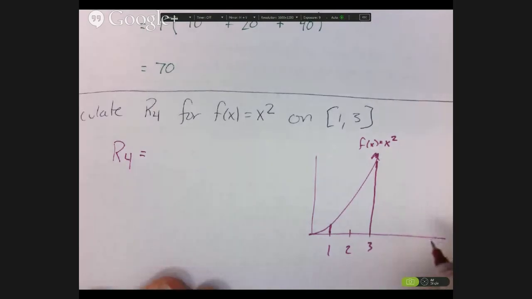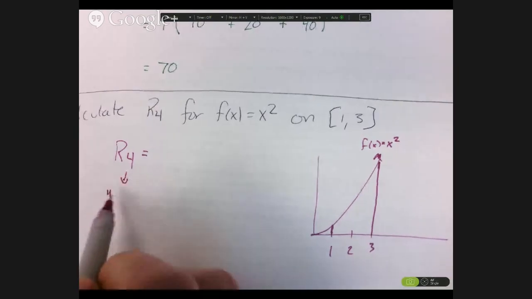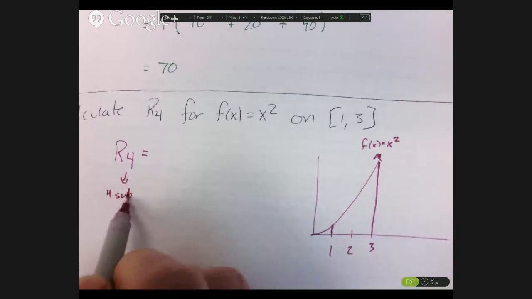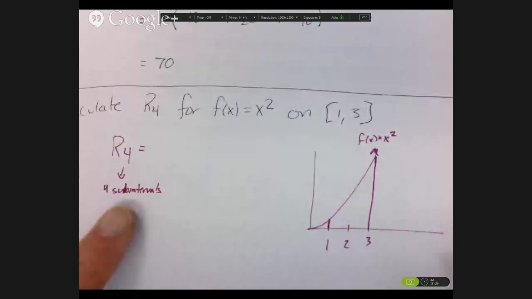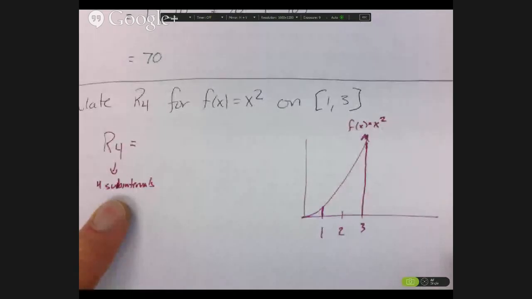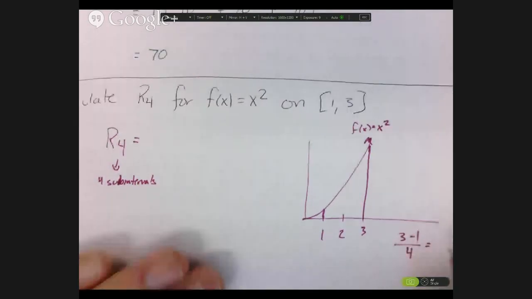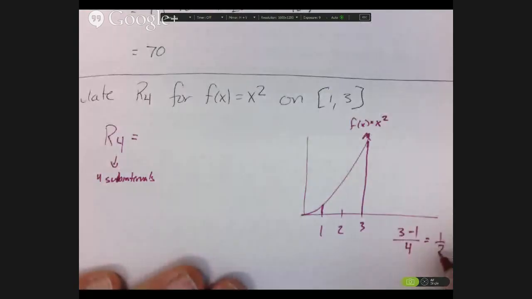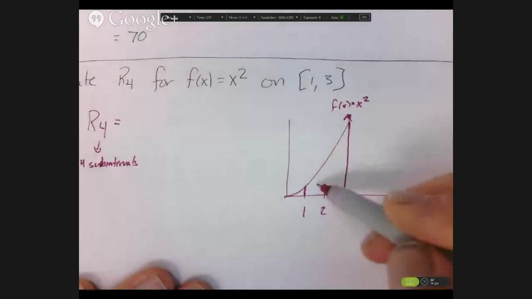Yes, we want 4 subintervals. To calculate how big those are, 3 minus 1 over 4. So we know that each of them has to be 1/2 of a unit.